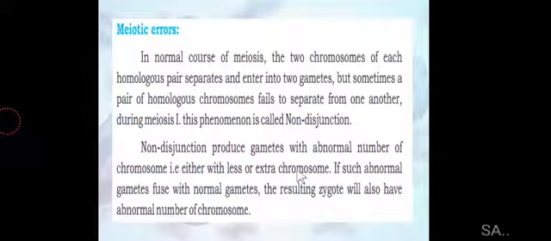This condition in which instead of 46 chromosomes, we are having 47 chromosomes just because of this non-disjunction, is called trisomy. Okay, and this is very threatening to the offspring that is just coming. So it is totally destructive. I hope that you understood it.